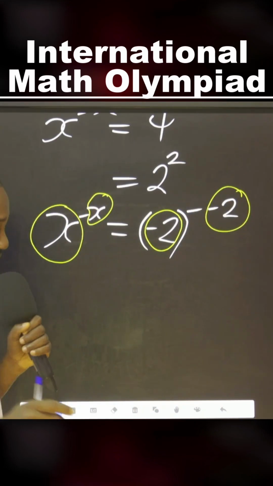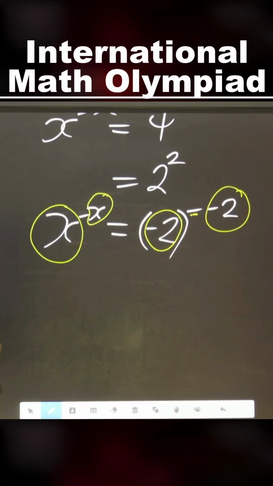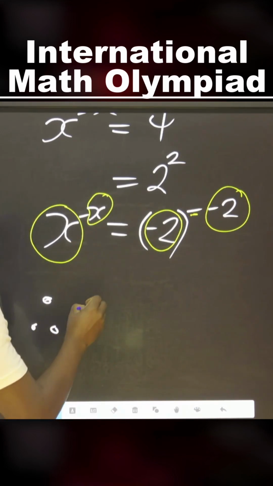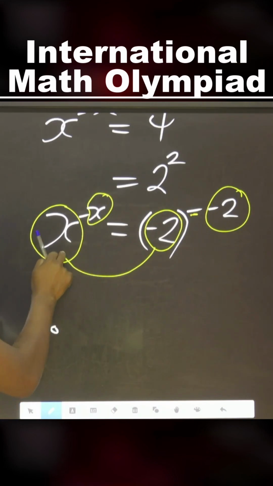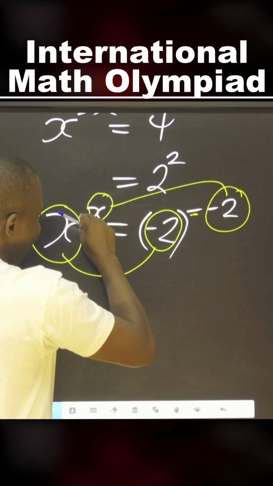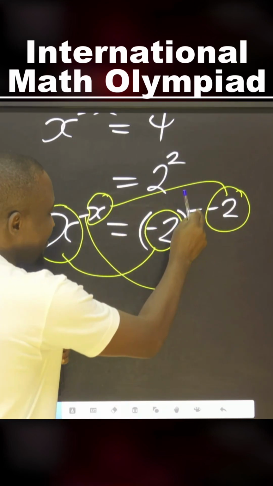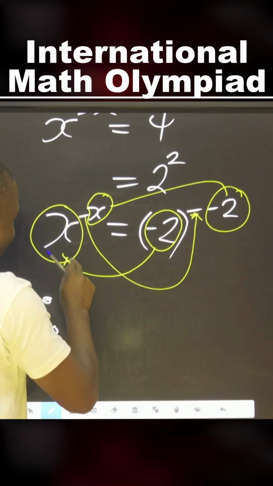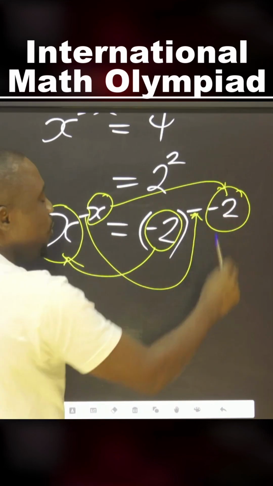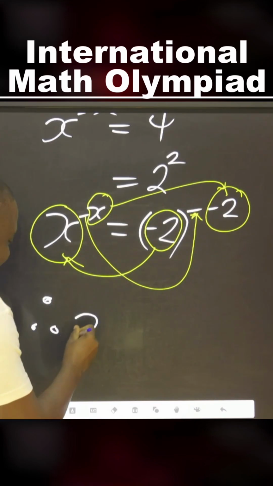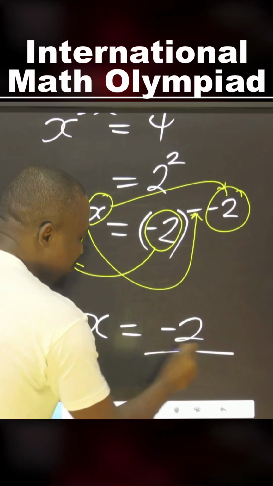The only thing is there's a minus between them. So therefore, we can say this is equals to this. As you can see, this is also equals to this. You can see they are equal. So therefore, x is equals to minus 2.